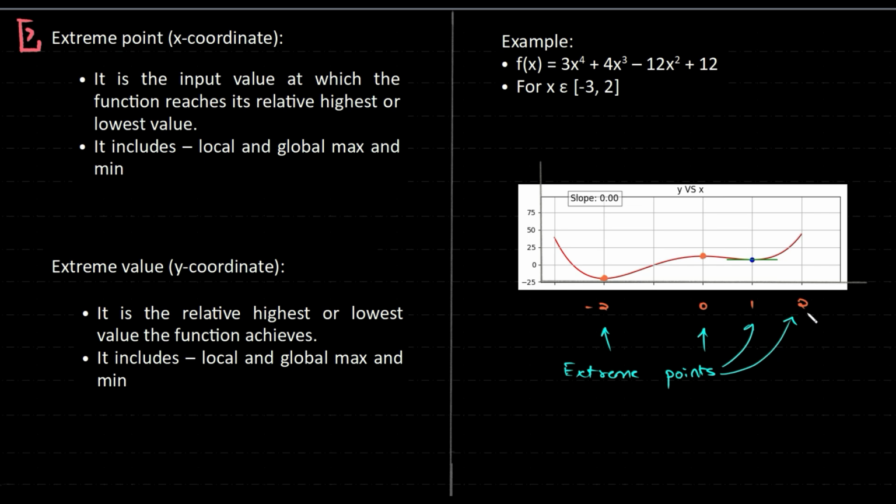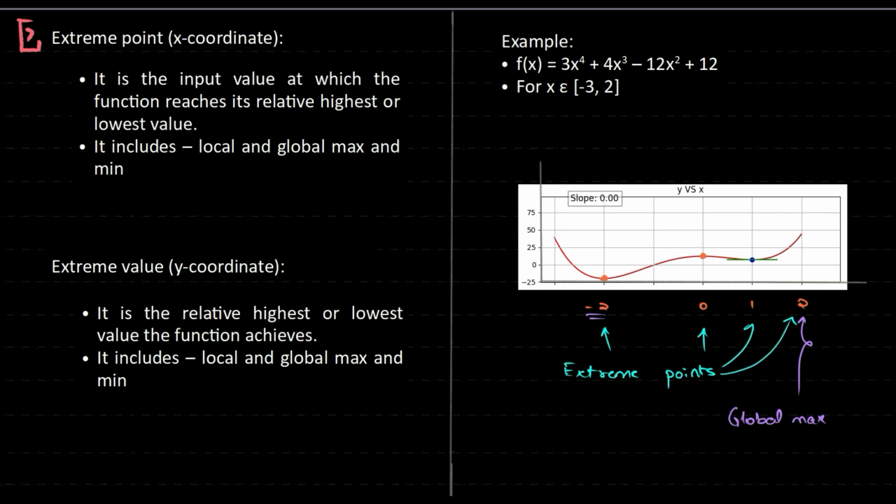This is part of the extreme points, not at -3, because this is giving us the global maximum. Okay, and this is your global minimum. So anyways, that is also a local minimum, so done deal.